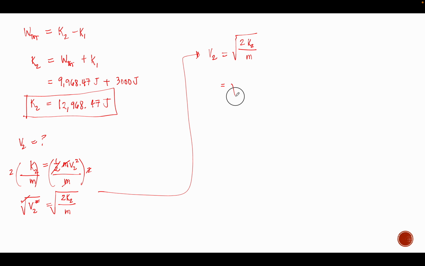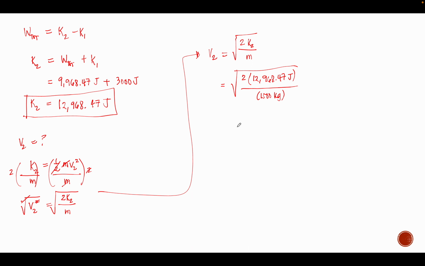Okay, so substituting their corresponding values, we have 2 times K sub 2, which is 12,968.47 joules, divided by the mass, which is 1,500 kilograms.